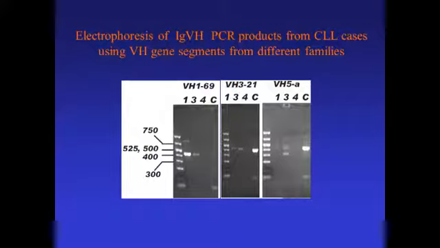And the way the assay works is we use 4 PCR reactions. One contains a primer to the VH1 family, one to the VH3, and one to the VH4. And these make up about 90% of the variable gene segments. And then we have this other lane here, or reaction, that contains some of the infrequently used primers against the infrequently used genes. And one of those is this V3-21.